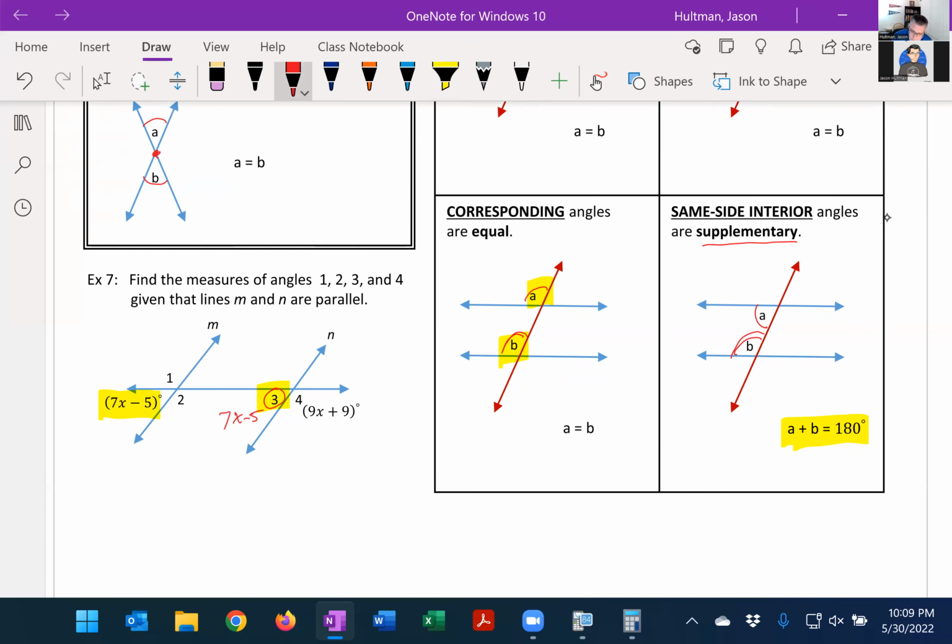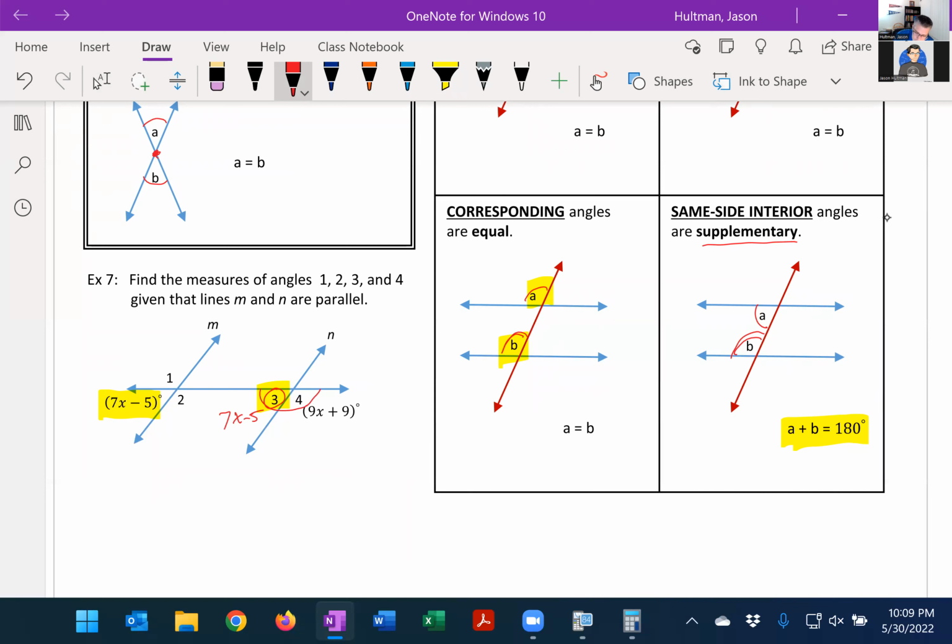7x minus 5, and the 3 and the 4, what we've already seen are what's called a linear pair, and they are supplementary angles. So 3 and 4 are supplementary angles, which means that they add up to 180.